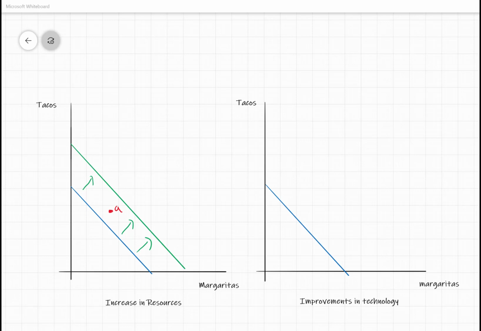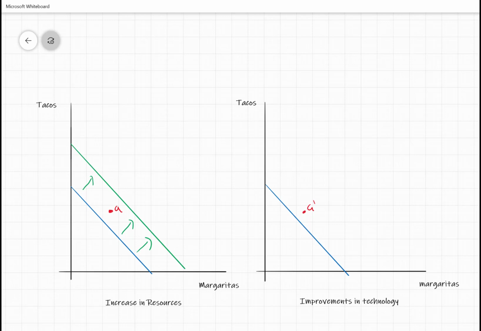Let's look at the right-hand side now, and improvements in technology. Again, let's imagine that we're on this original blue production possibilities boundary, and there's this point, let's call it A prime this time, which is currently sitting outside of our production possibilities boundary or frontier, which means it's unattainable. The improvement in the technology of one of these goods, or both, can help us get there.